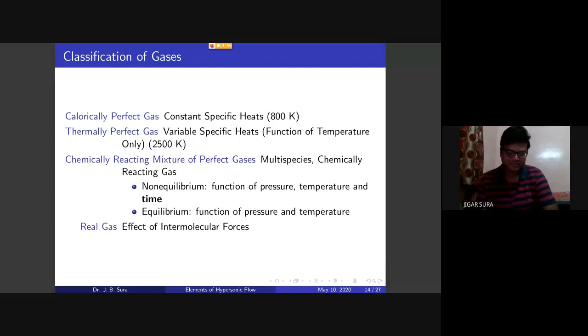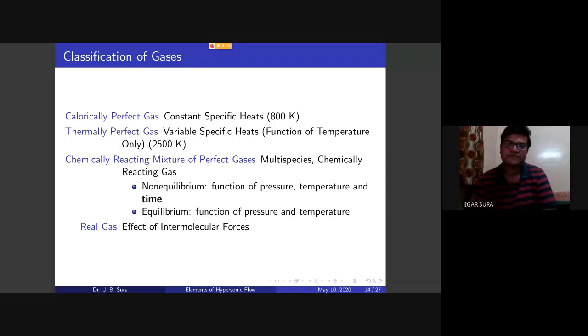But this is mentioned because we talk about real gas effects. If you read some literature in hypersonics, they will talk about real gas effects or real gas conditions. There they talk about vibration of the molecules, energy contained in those molecules, all these things, which is actually part of a chemically reacting mixture, but not a real gas from Anderson's perspective. That is why I have mentioned it.